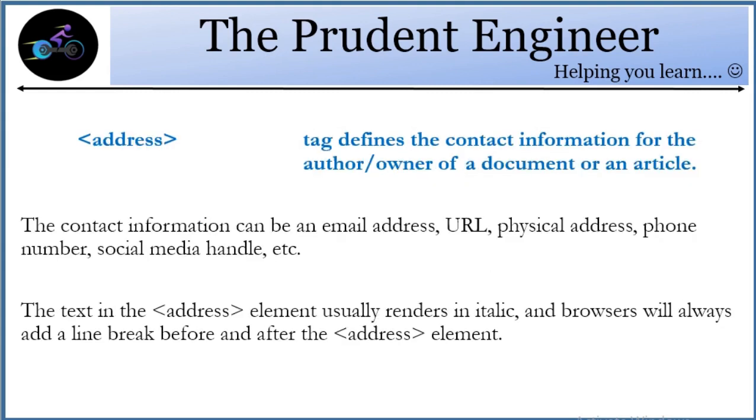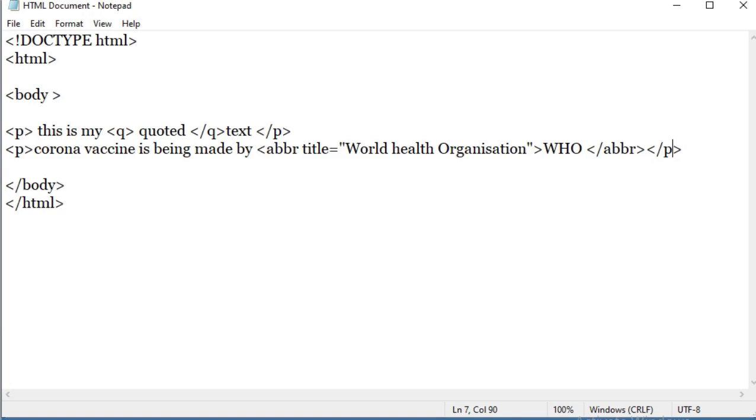Okay, now the next tag is the address tag. The address tag is basically used at the very last of the entire page. Suppose I have to write my information at the end. Okay, so I'll use the address tag. I'll write Kinjal Kwachpi, that is my name. I'll write my college name.